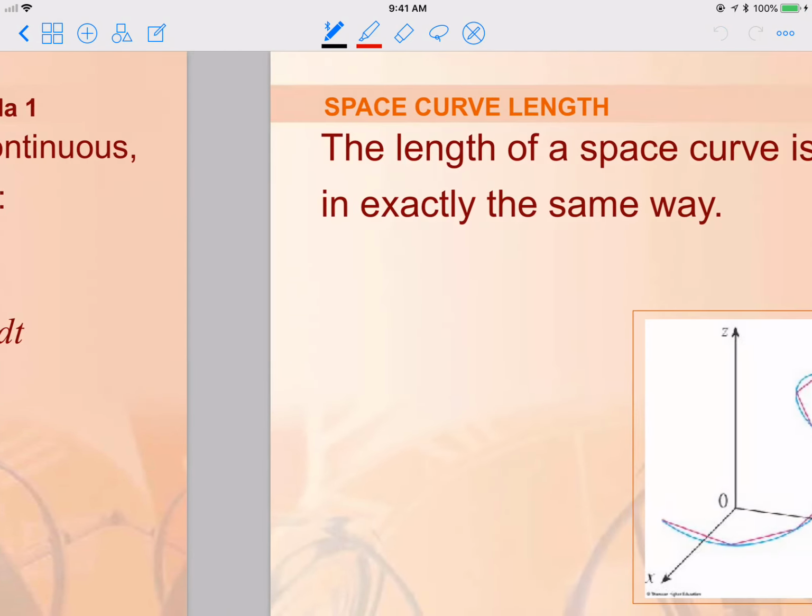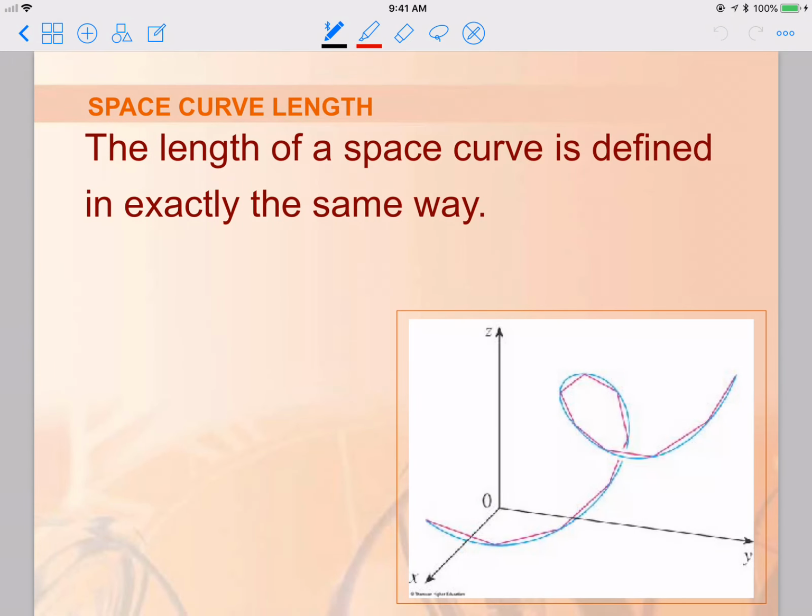And the idea behind that was you're forming a bunch of right triangles, and this was the change in x, this was the change in y. So the length of the leg was a change in x, the length of the other leg was a change in y.